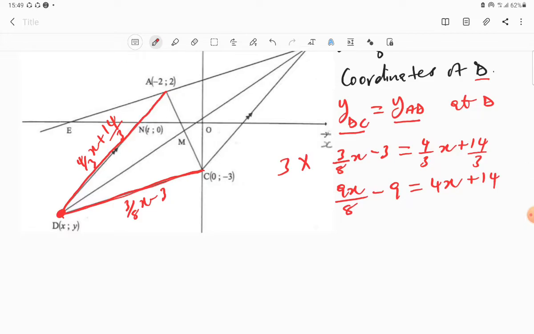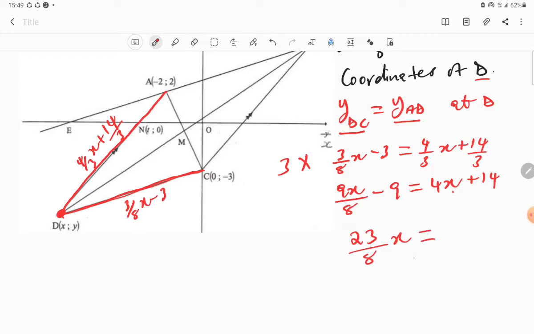So at the end of the day we'll be having this over this minus that, so we'll be having 4x. Let's take these values to the other side, so we'll be having 4x minus 9x, that is going to give us 23 over 8x.